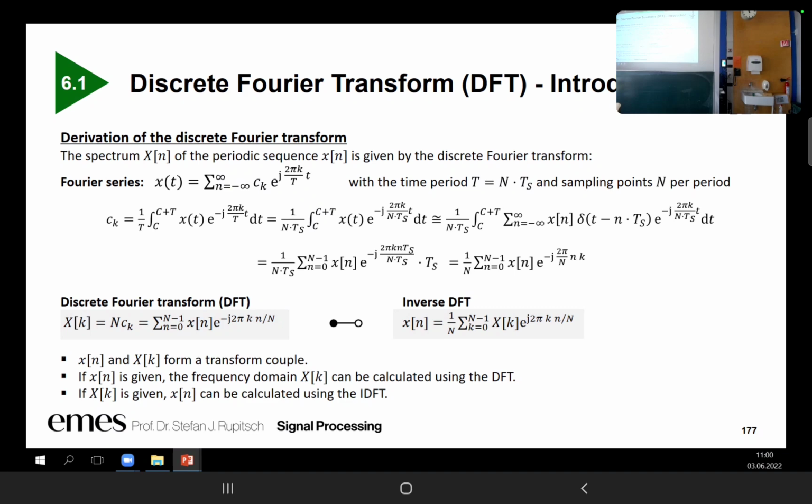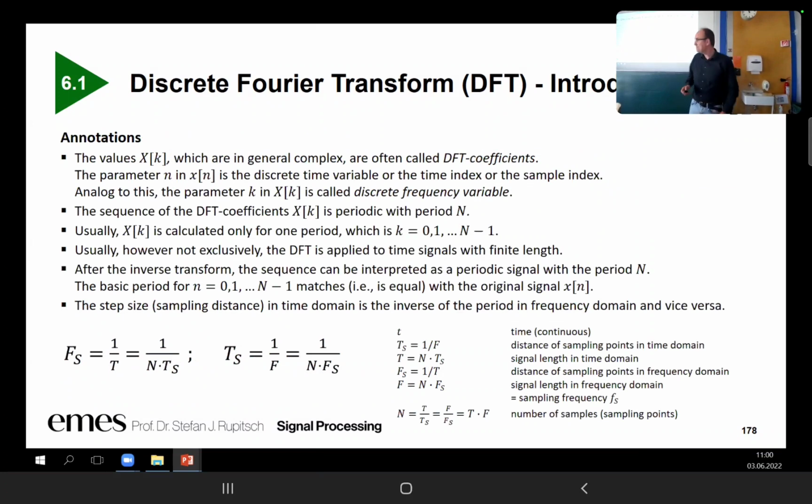If x[n] is given, the frequency domain can be calculated using the discrete Fourier transform. And if we start with the signal in the frequency domain, then we can calculate the original signal by using the inverse discrete Fourier transform.